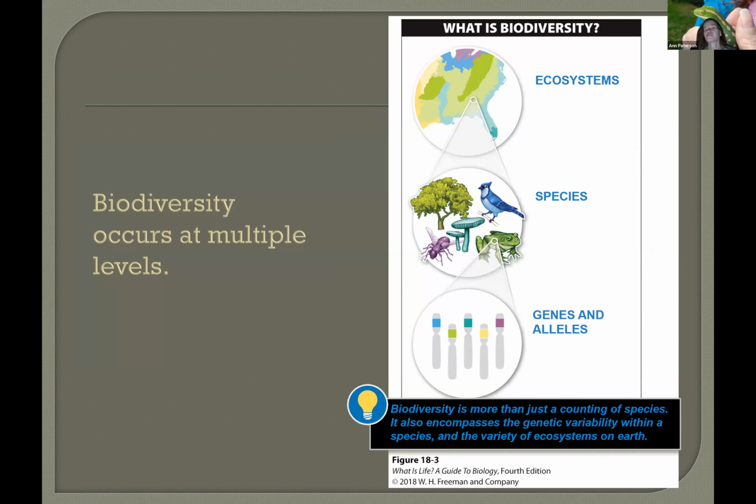And so biodiversity is something that at first you think of species, at least I think most people think of species and just a variety of different living things. But it can also mean diversity at the level of ecosystems, which means the living and non-living components, like a tropical rainforest biome or a desert biome, or all these different types of things. We can look at the species level, but then also genes and alleles.